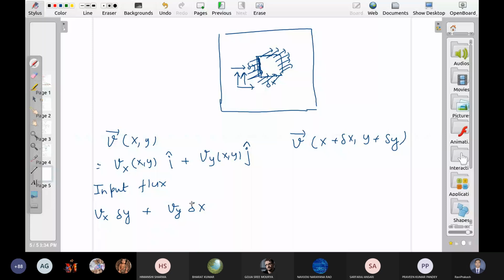One minute, there is a problem. I think something, just 1 minute, there is one problem here. This is (x,y), this is x plus delta x. This is y plus delta y.